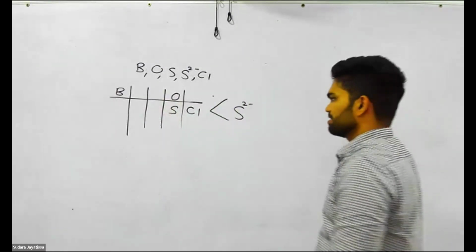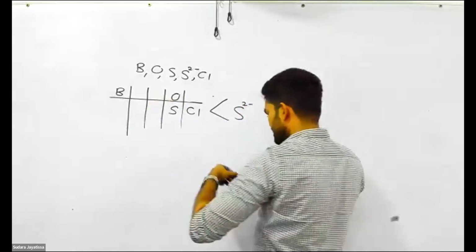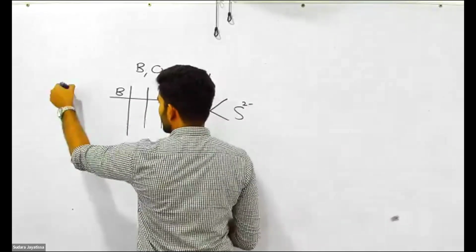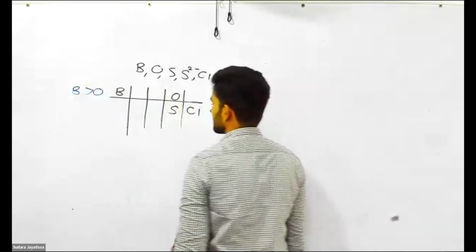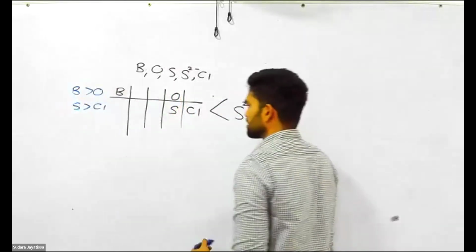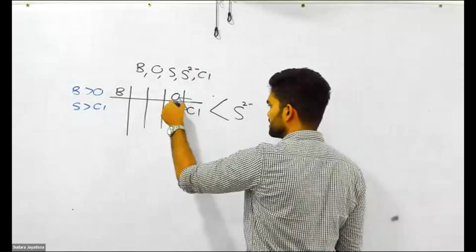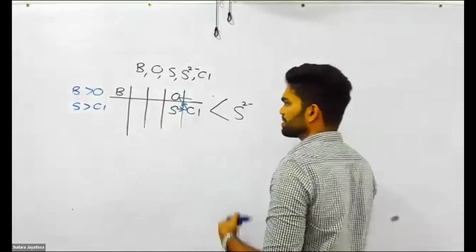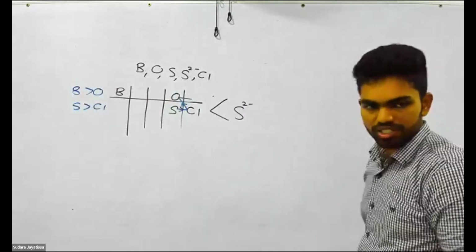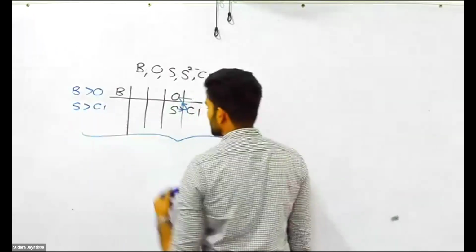And then how to compare the rest? From this variation, boron is larger than oxygen. And from this one, you know, sulfur is larger than chlorine. But when you want to compare oxygen and chlorine, you have to go with our mirror, and from that, you know, chlorine is larger than oxygen. So then you can put everything together.